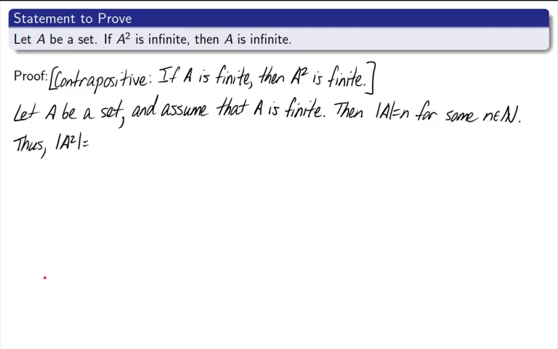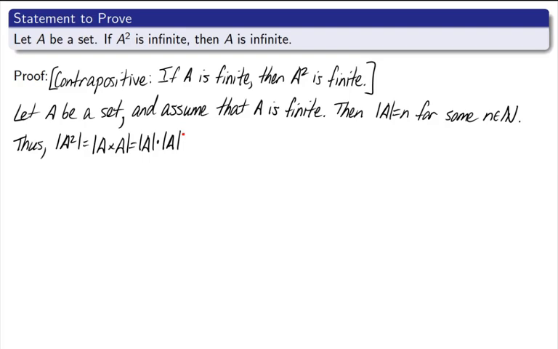Thus, the cardinality of A squared is equal to... well, let's think about that. Remember, A squared simply means A cross A. It's the Cartesian product of A with itself. And also, the cardinality of the Cartesian product was the same thing as taking the cardinality of the first set times the cardinality of the second set.